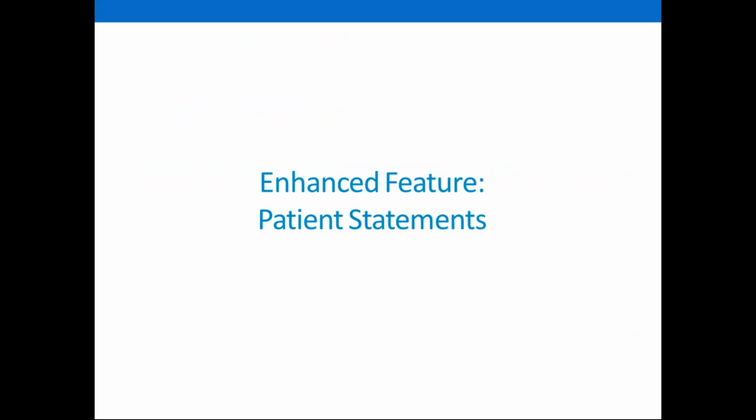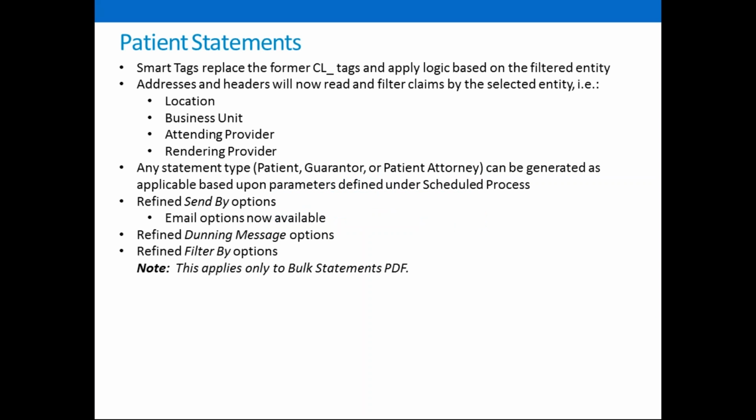Now we're going to look at the enhancements to the patient statement. Overall, with regards to your statements, there are new smart tags that replace the former clinic location tags. Taking computer talk down to layman terms, this means that addresses and headers and filters are going to be automatically applied by the system, so you don't have to have each one hard-coded.